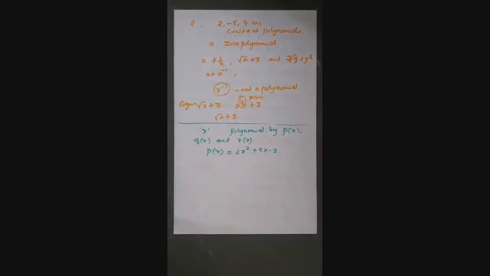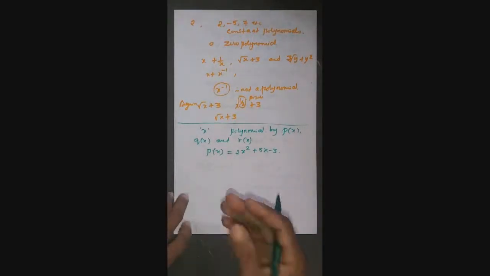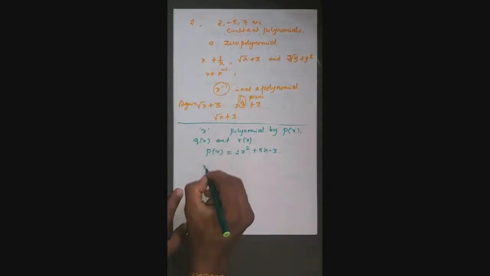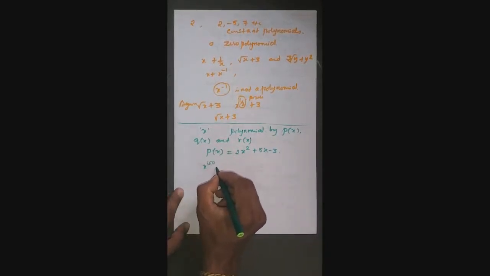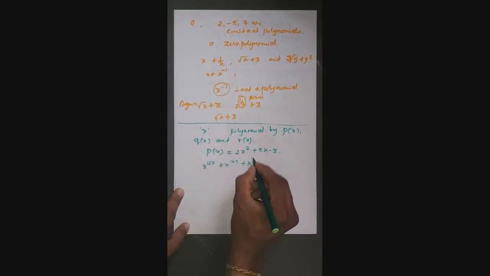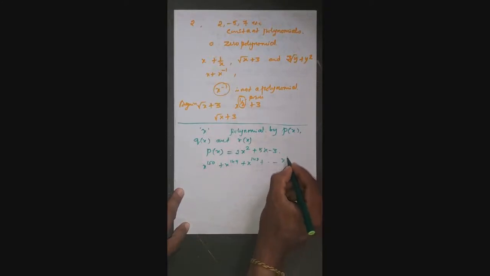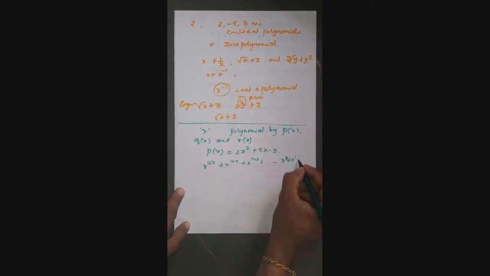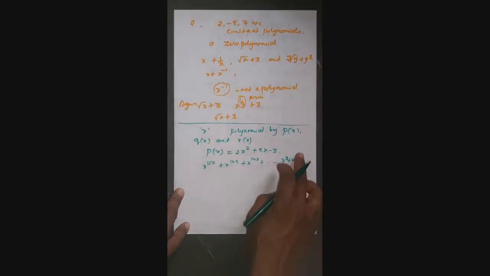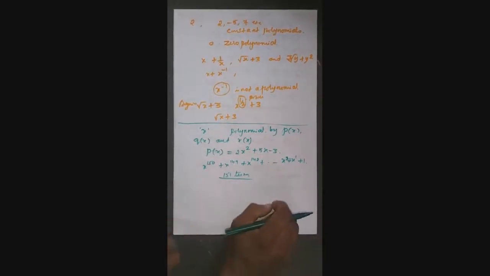A polynomial can have any finite number of terms. For instance, x to the power of 150 plus x to the power of 149 plus x to the power of 148, plus up to so on, x square plus x to the power of 1 plus 1, is a polynomial with how many terms? That is 151 terms.